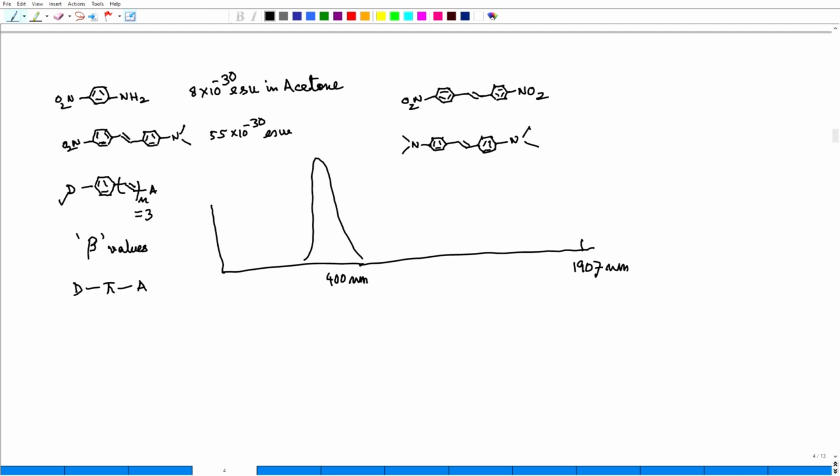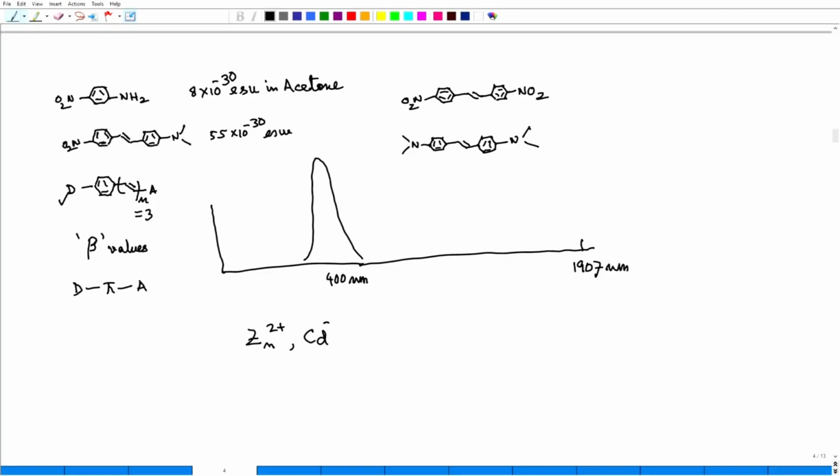So you also understand why, when we find out beta values or gamma values, we always take zinc 2 plus, or say cadmium 2 plus, or say copper 1 plus, because these are all d10 systems.